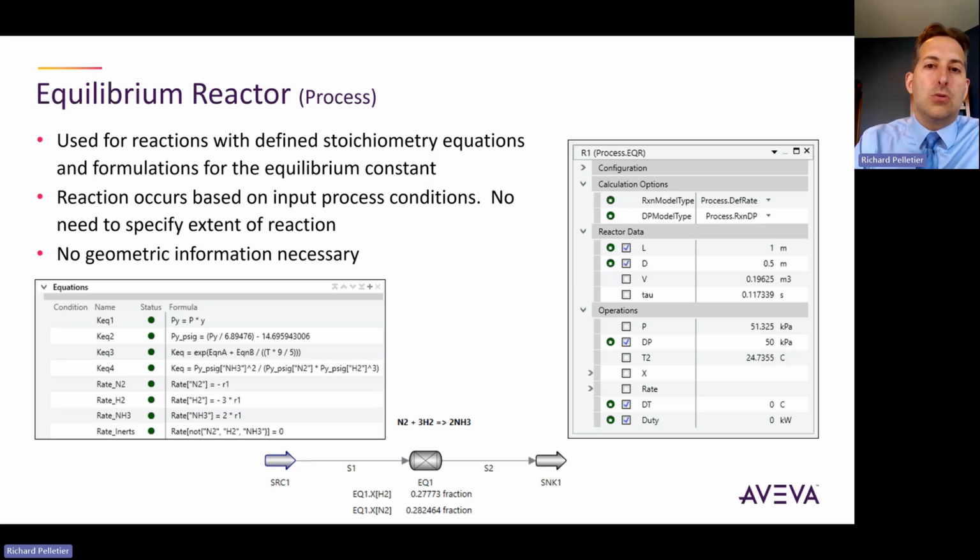That's why we use the tool to generate these reaction submodels, because the tool knows what each of these different variables is called within the reactor. It sets things up so that those relationships are able to be utilized within the reactor.